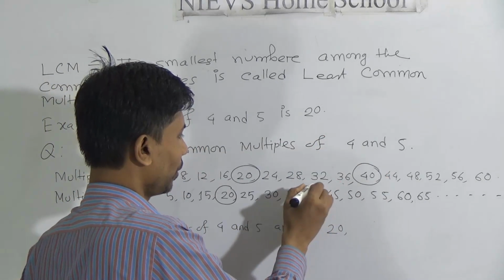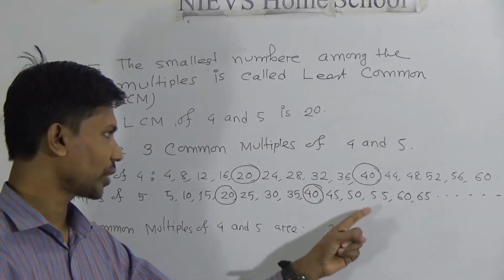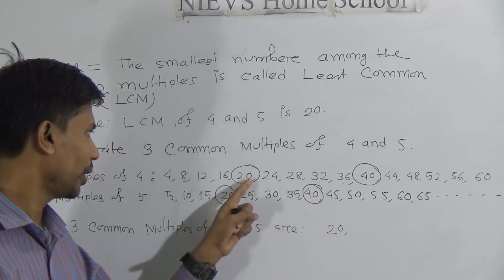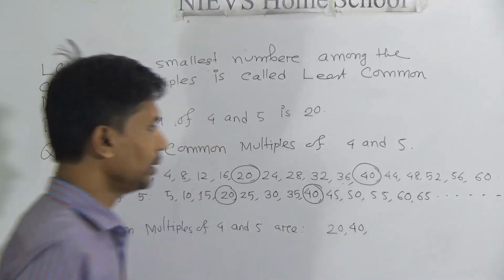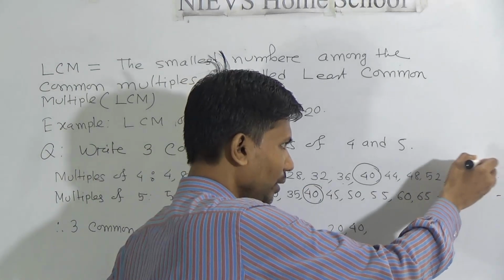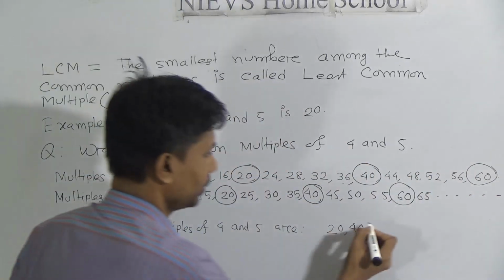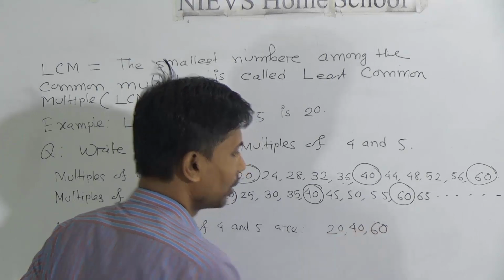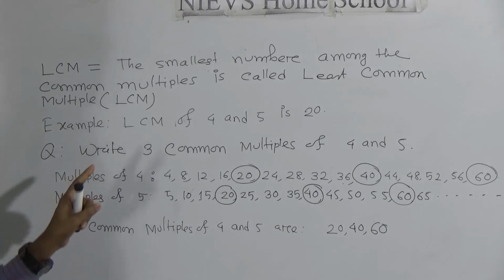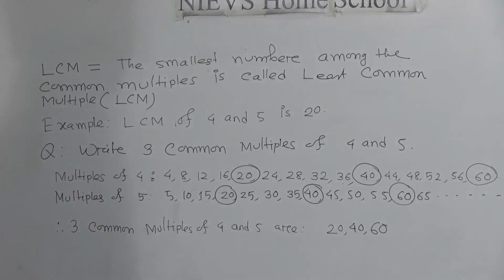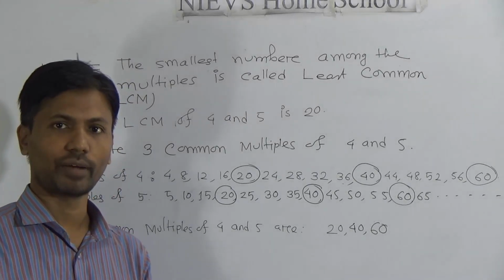Here is also 40. Then see 60, and here is also 60. So I have determined the 3 common multiples of 4 and 5.